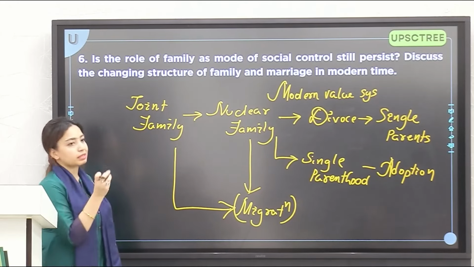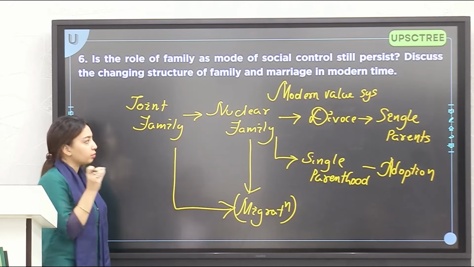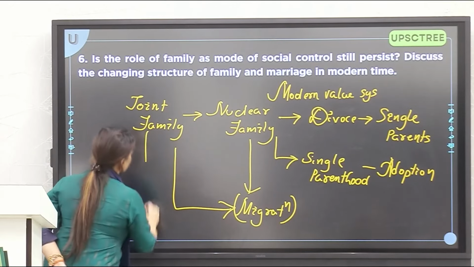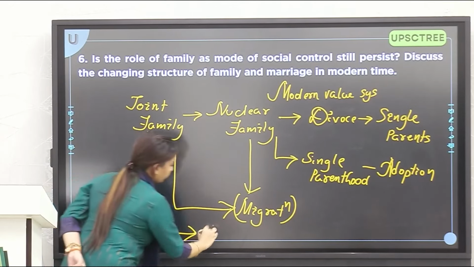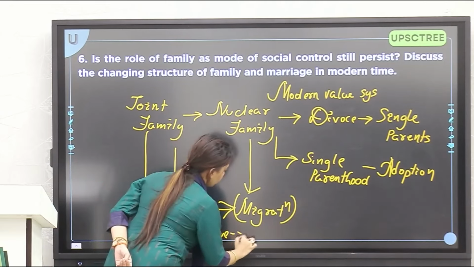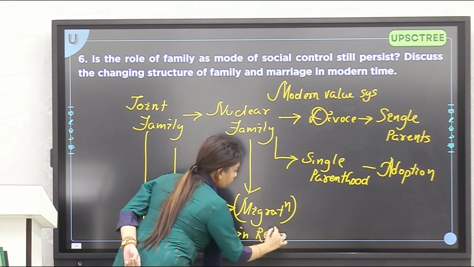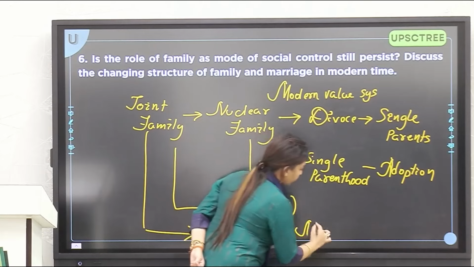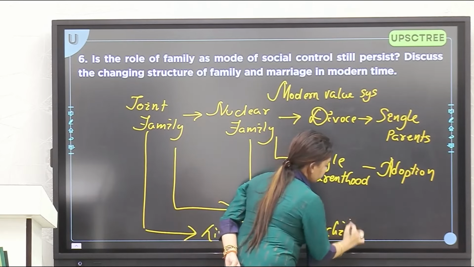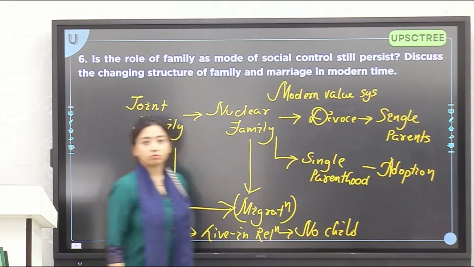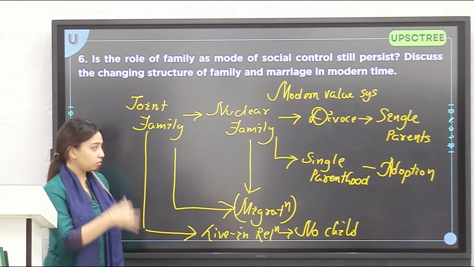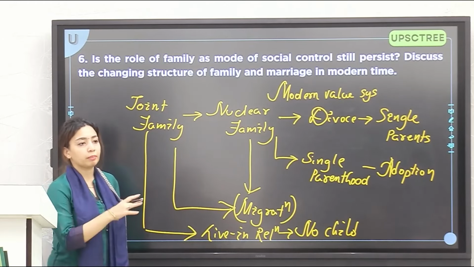Okay, so the size of the family has been reduced. Then you can also have live-in relations. So no child at all because it's not legal, right? So you can discuss the structure of family like this.